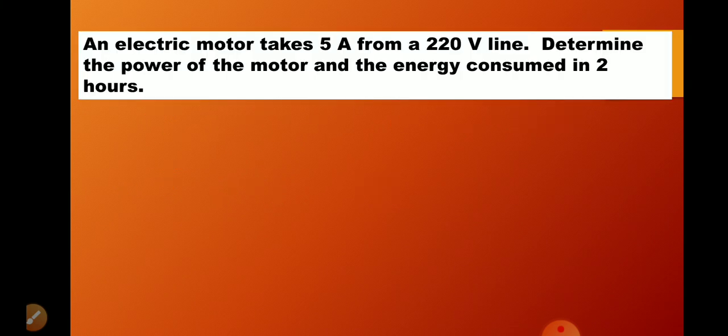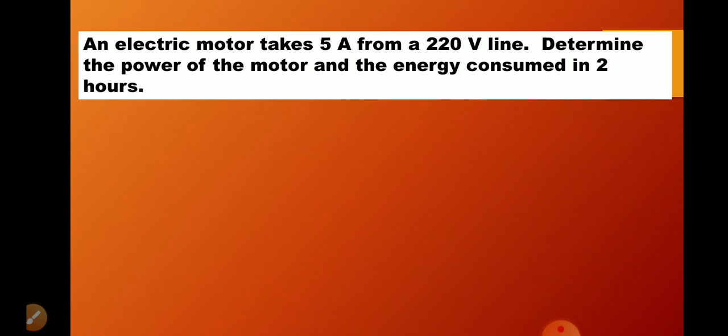An electric motor takes 5 ampere from a 220 volt line. Determine the power of the motor and the energy consumed in 2 hours. What is given here? An electric motor takes 5 ampere of current, and the potential difference is 220 volt.